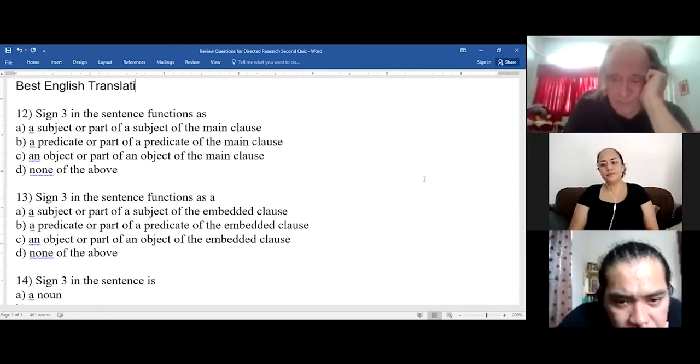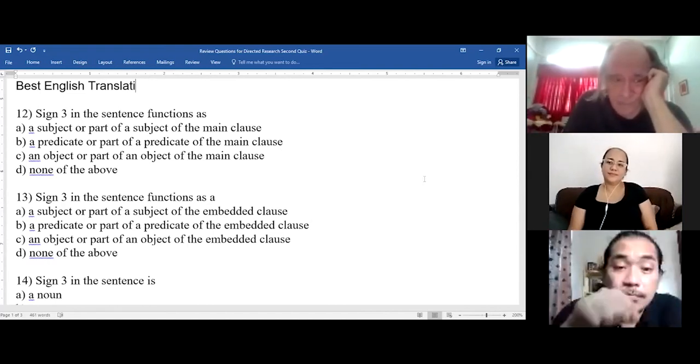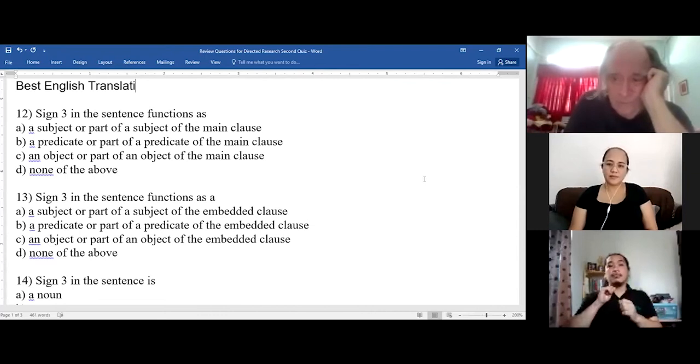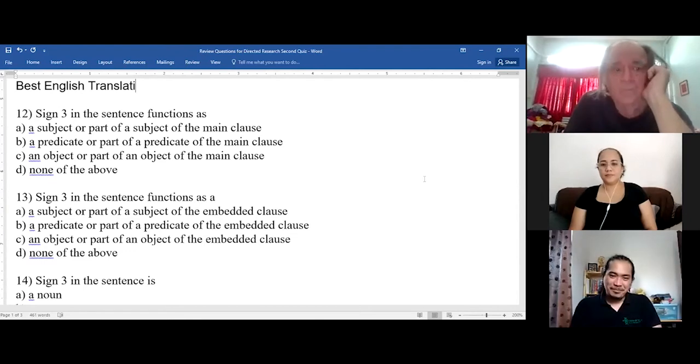But it says part of the main clause. If it's part of the embedded, then what happens? Okay, perhaps it's going to be in the next question, but in this particular question, it's talking about the main clause.